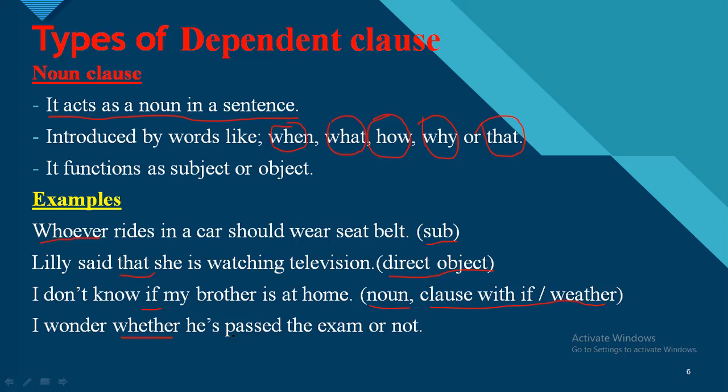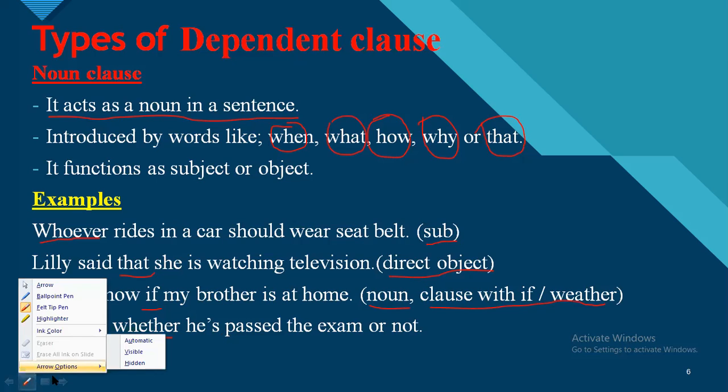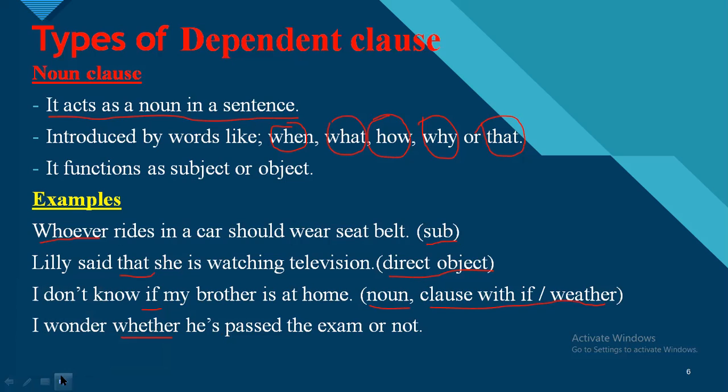So we know that a noun clause acts as a noun and works as a subject or object. In the first sentence it works as a subject, and in the second it works as an object. And lastly, it can work as an if or whether clause in the sentence also.